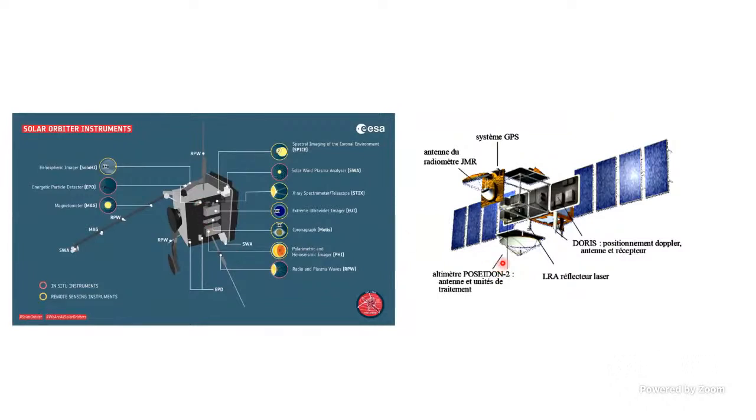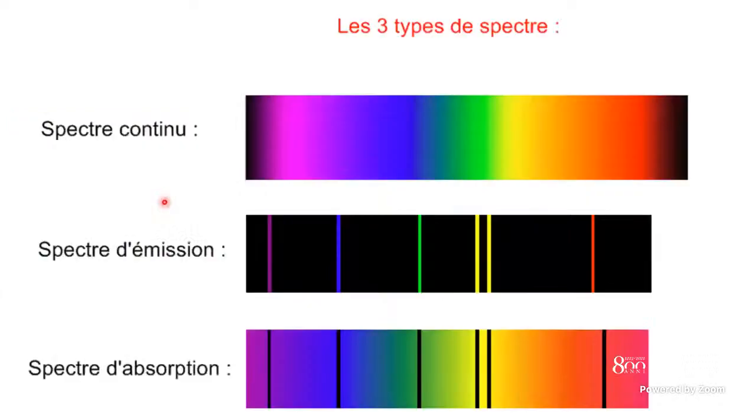They are really complex. Like we can see the solar panels, because the satellites are eventually powered by solar energy, and some sensors, for example, these are solar orbital instruments, so they detect anything related to the sun.